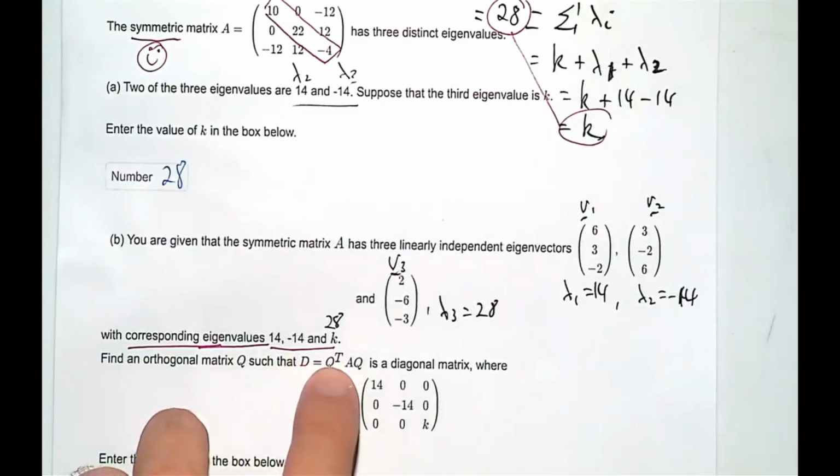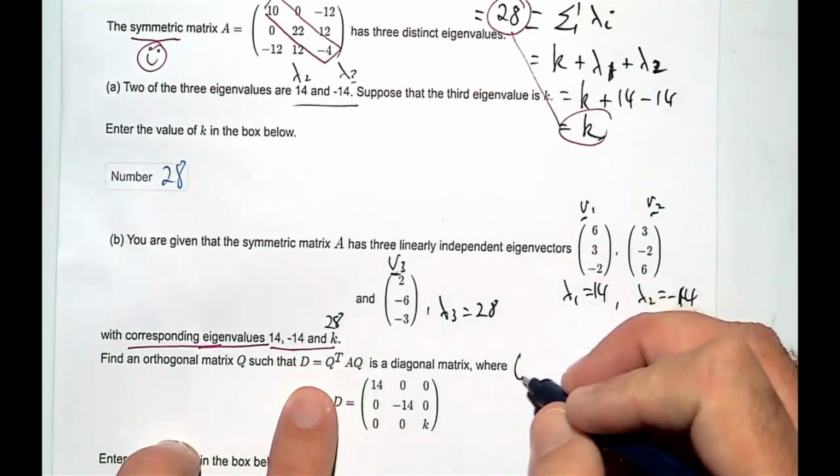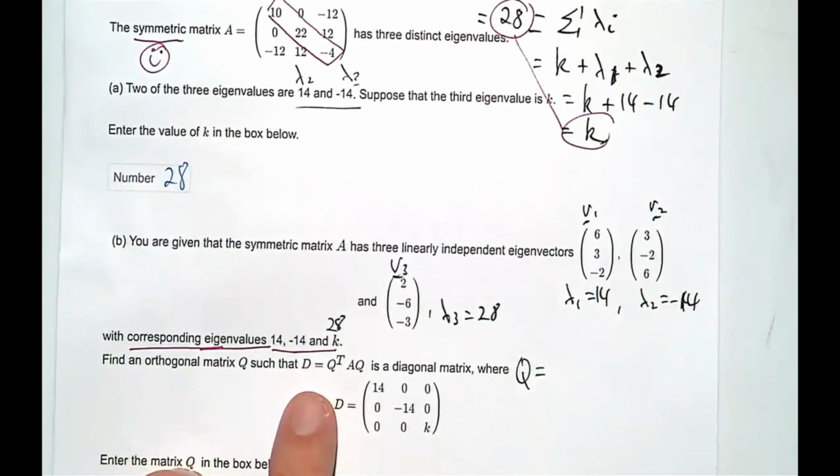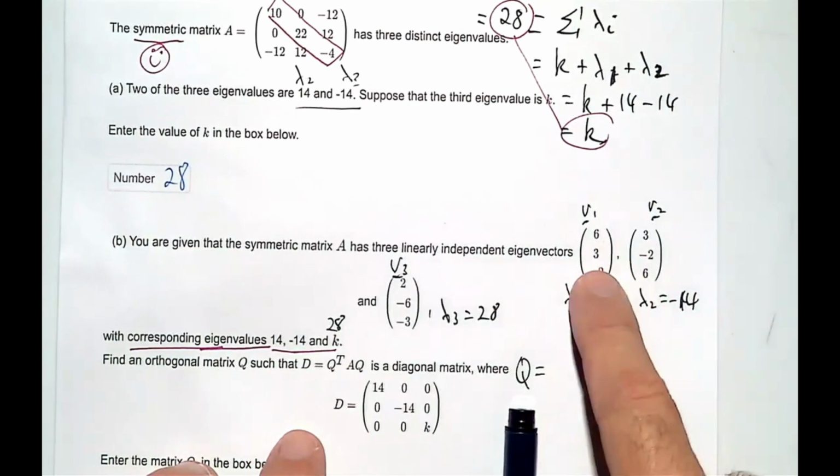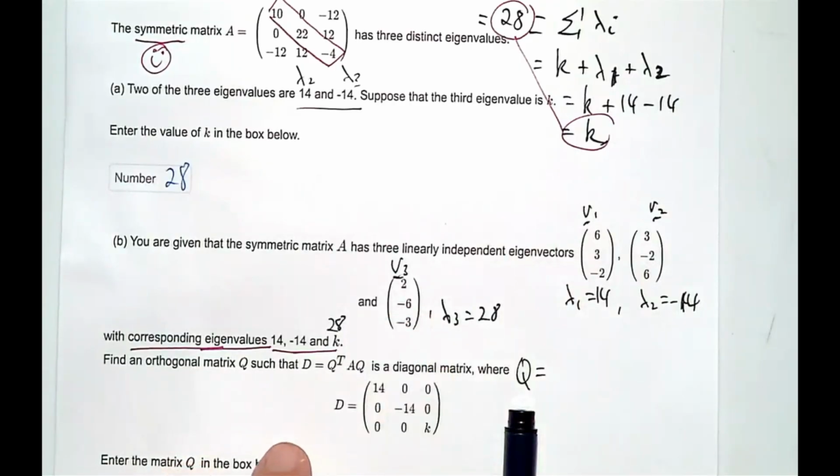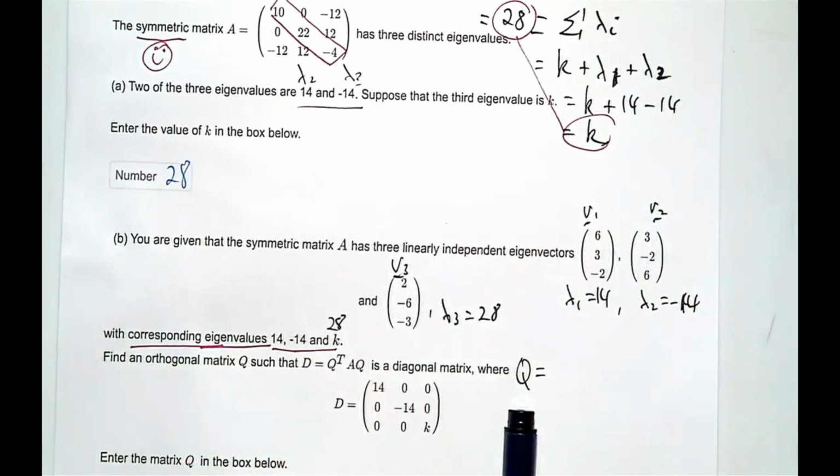So your Q would be the eigenvectors in order as columns. You'll get a 3 by 3, where the first column is 6, 3, minus 2, the next 3, minus 2, 6, and then 2, minus 6, minus 3. Then you orthogonalize it by getting the magnitude of each of those column vectors and dividing by the magnitude to get the orthonormal?